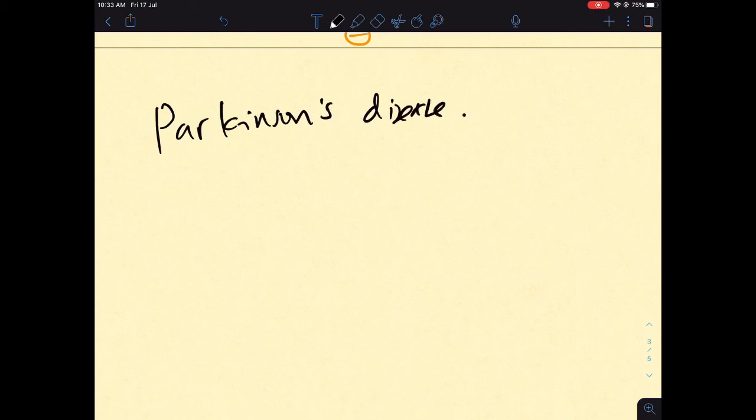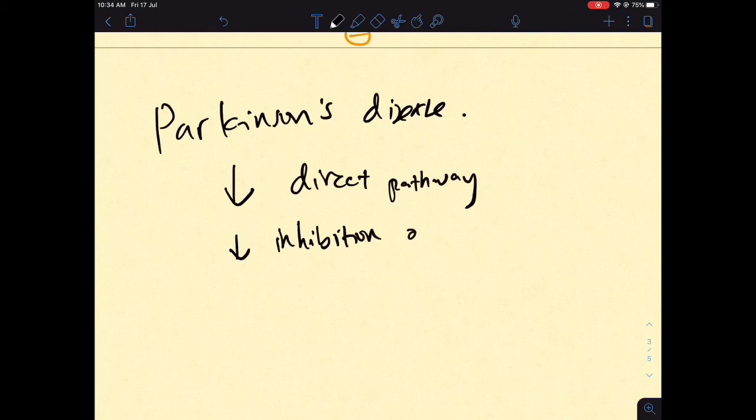So all in all, Parkinson's disease, because of the death of pars compacta of substantia nigra, you have decreased direct pathway and decreased inhibition of indirect pathway. So you have decreased of the more movement and then less of the inhibition of less movement.